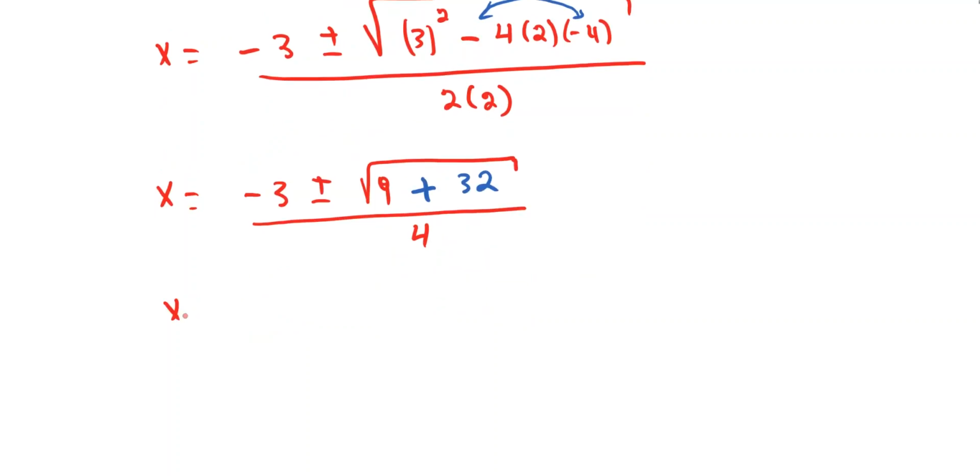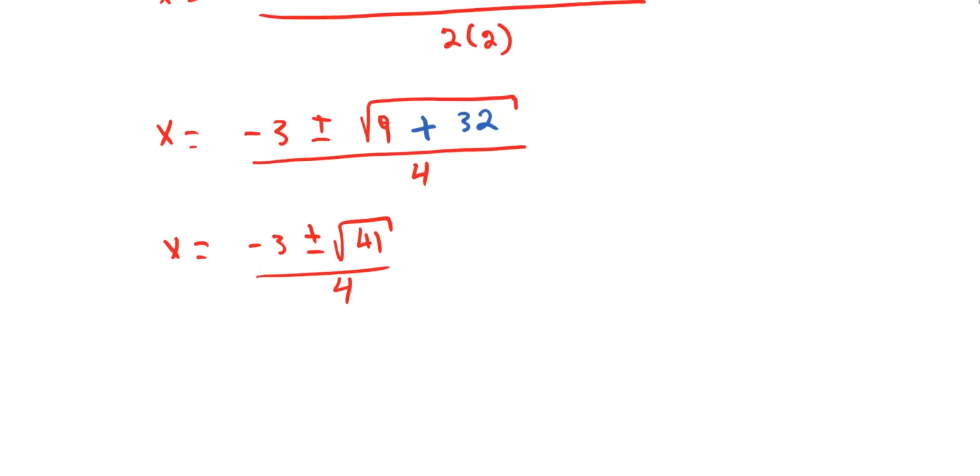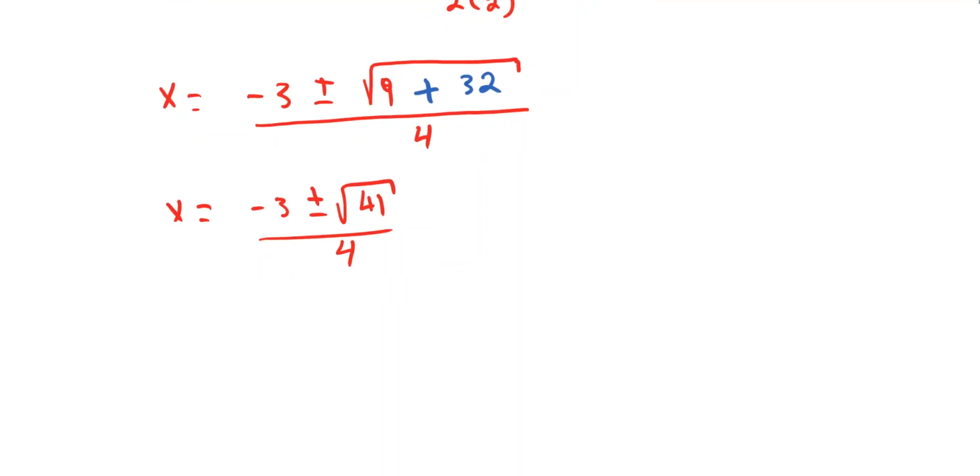So again, you try to finish your problem. 9 plus 32 is 41. So you have square root of 41 over 4. So here you have 2 solutions.